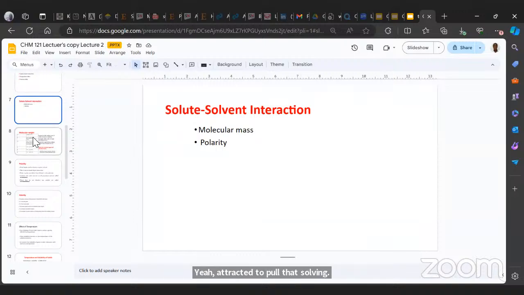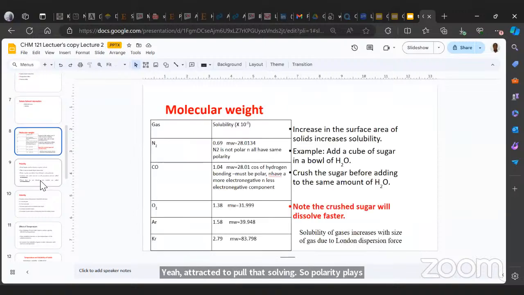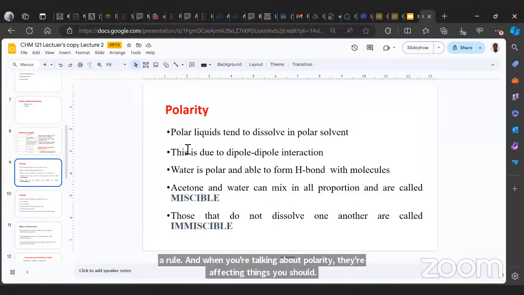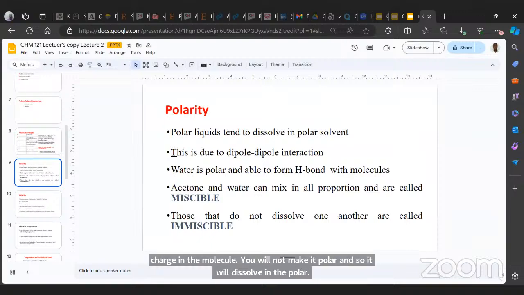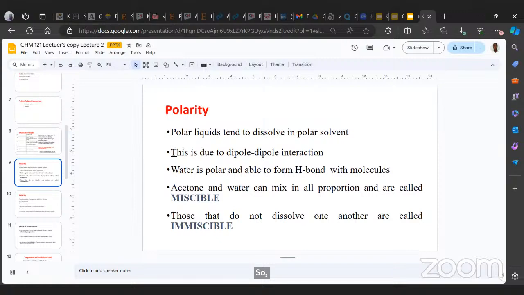And when you're talking about polarity, there are certain things you should think about. If you are dissolving a polar solid in a polar solvent, because of the dipole moment that causes the charge in the molecule, it will make it polar, and so it will dissolve in a polar solvent. I also defined the concept of solute and solvent.